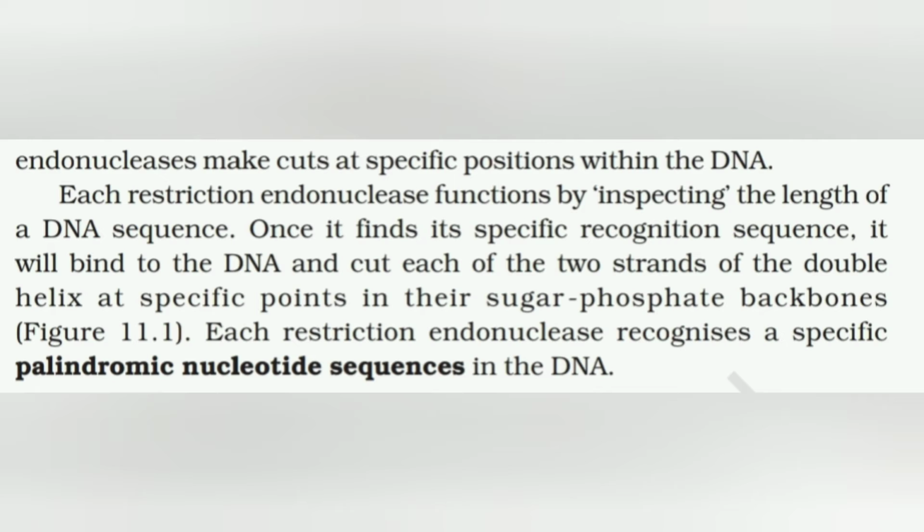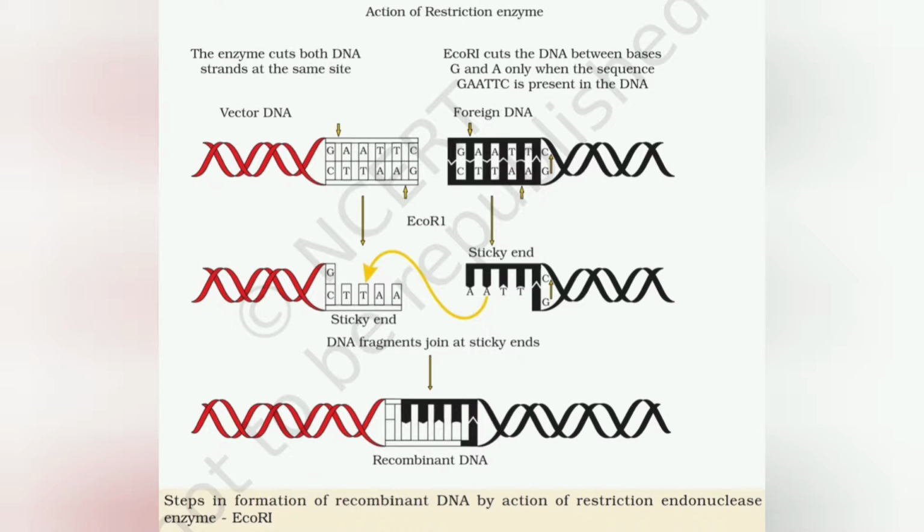Once it finds its specific recognition sequence, it will bind to the DNA and cut each of the two strands of the double helix at specific point in their sugar phosphate backbone. Each restriction endonuclease recognizes a specific palindromic nucleotide sequence in the DNA.